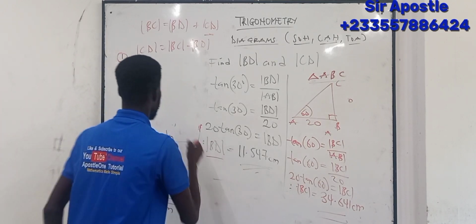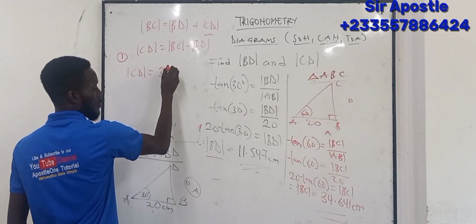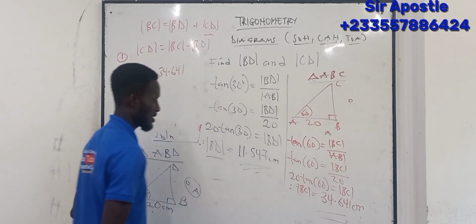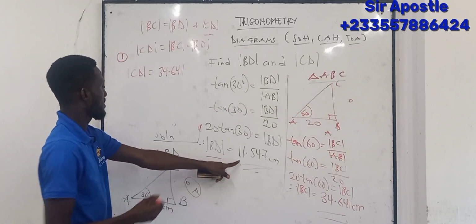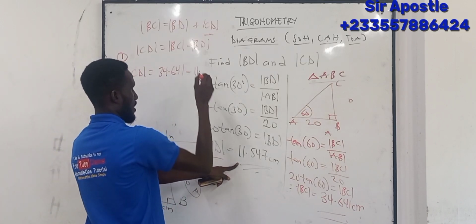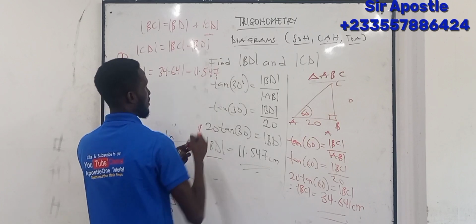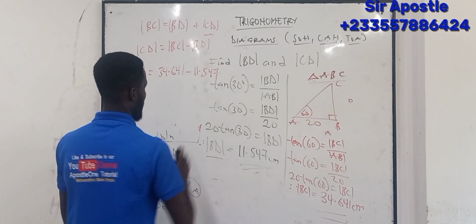BC is 34.641. This is our BC, 34.641. And then our BD is minus 11.547.